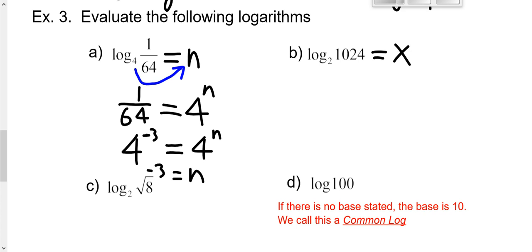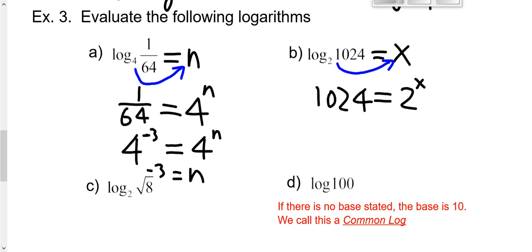Okay, so now same thing. Get rid of the log by taking the base of the log and moving it to the other side. So the 2, which is the base of the log, becomes the base of the exponent. It bumps this x and turns it into an exponent. So after doing that, the log is gone. So you have 1024.